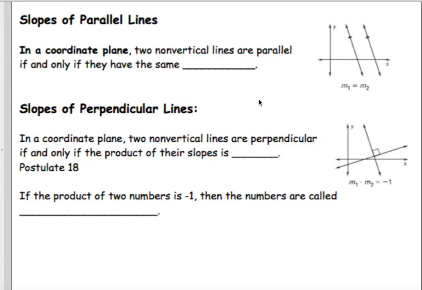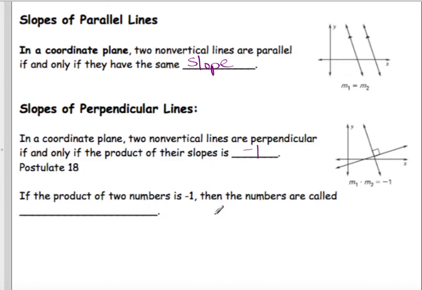In a coordinate plane, two non-vertical lines are parallel if and only if they have the same slope. And for perpendicular lines, in a coordinate plane, two non-vertical lines are perpendicular if and only if the product of their slopes is -1. This means you can multiply the slopes together and you would get -1.